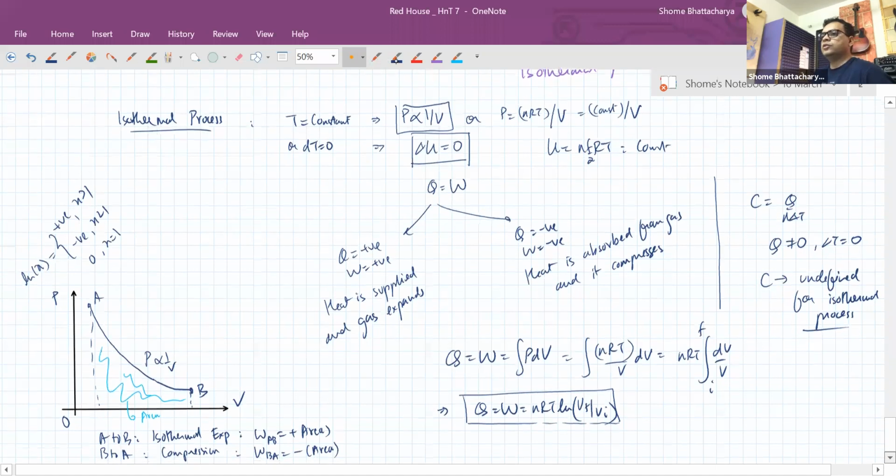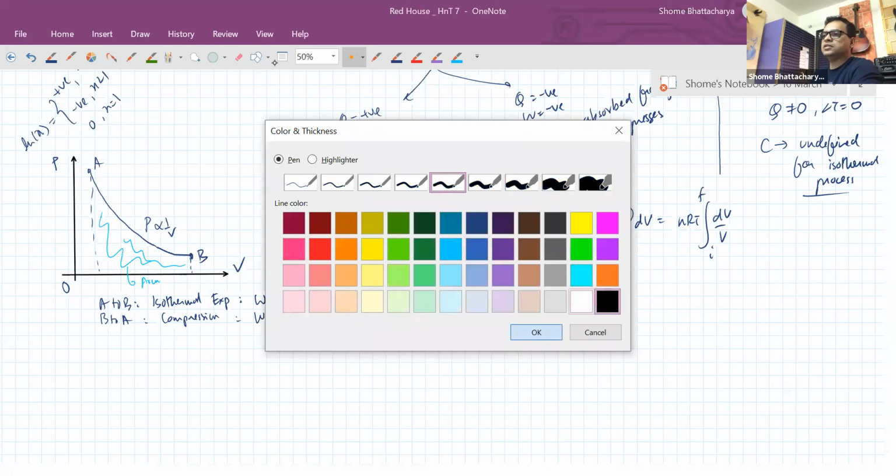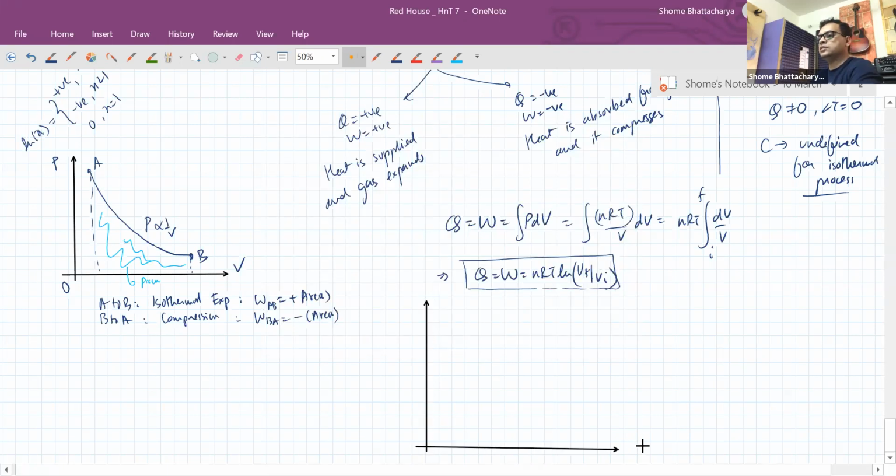Okay, now another important point I wanted you to be aware of is when we draw isotherms at different temperatures for the same given gas sample, how they look in relation to each other. So for n moles of an ideal gas, if we draw an isothermal process curve, it is called an isotherm.